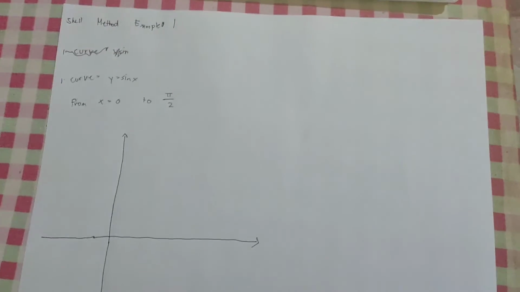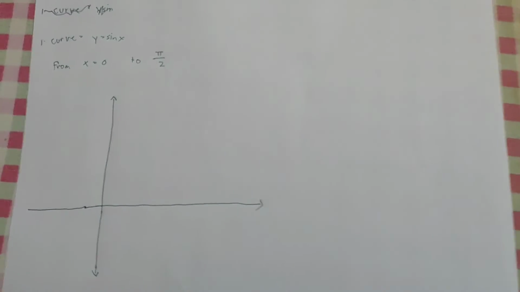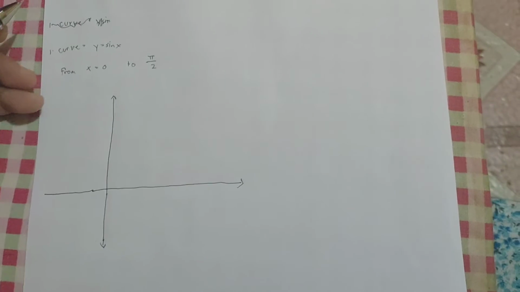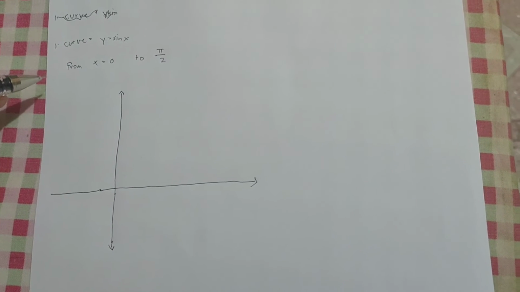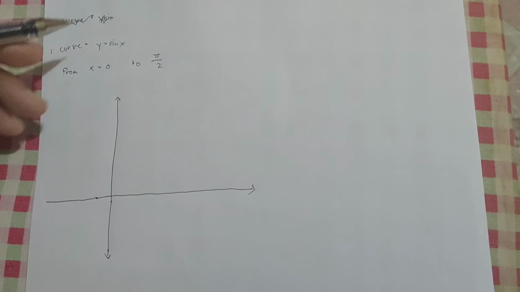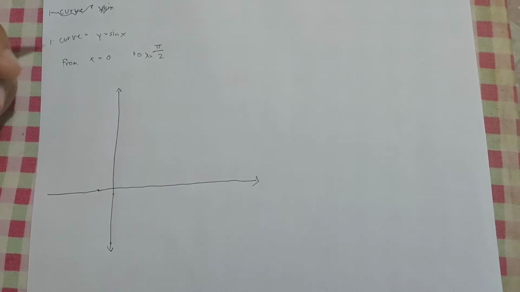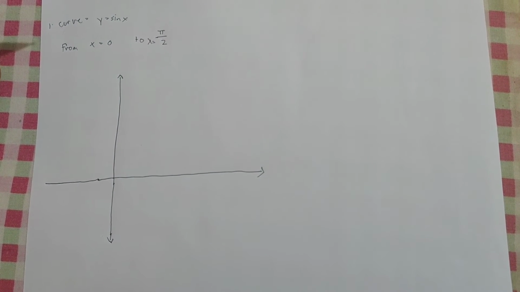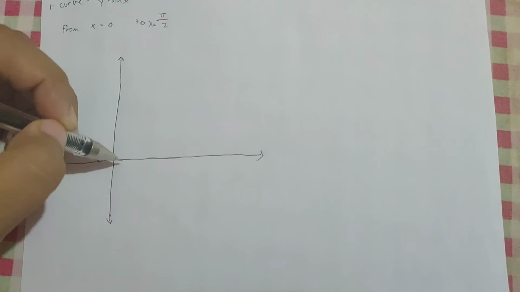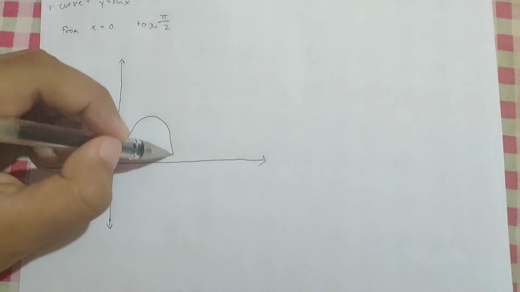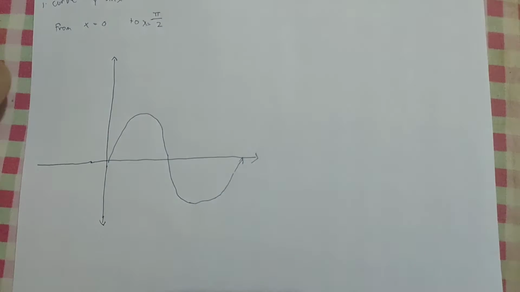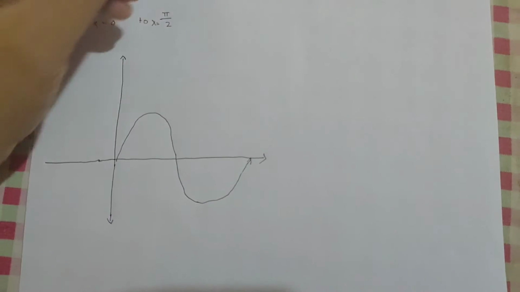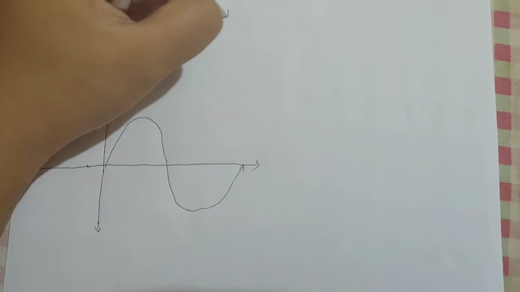This will be our sample problem in our shell method. This is derived from the example of my teacher. The curve is y equals sine x from x equals 0 to x equals pi over 2. To graph a sine, it should look like this. We all know A is equal to 1.